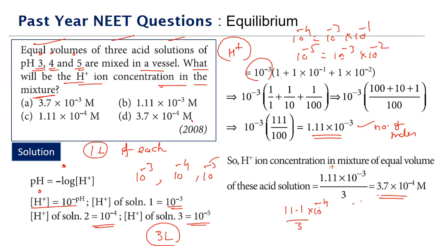And then 11.1 by 3 is approximately 3.7. So the correct answer is option D. It's a straightforward question. All that we are doing is finding the H plus from each of the solutions, and then adding the H plus amounts so that we get the total number of moles of H plus, and then dividing by the total volume.